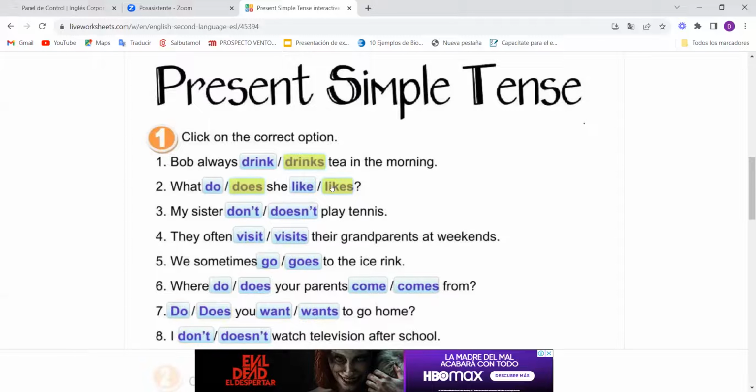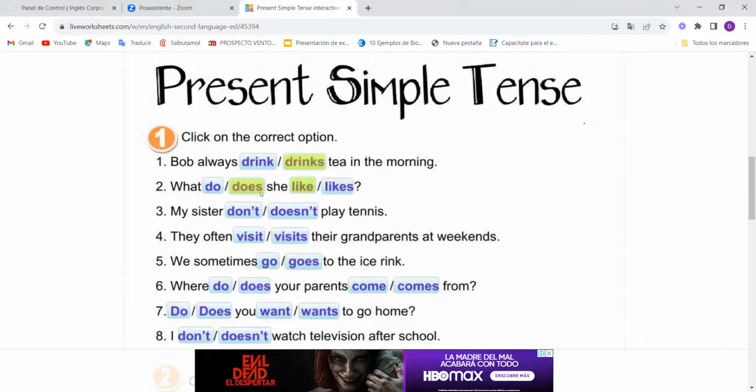Mm, No. Pero creo, ¿hola? creo que sería like, porque creo que ya el 2 está en present simple. Ah, no, perdón, está usándose en tercera persona, she. Bueno, pienso yo, ¿verdad? Que sería does she like, pero no estoy seguro.